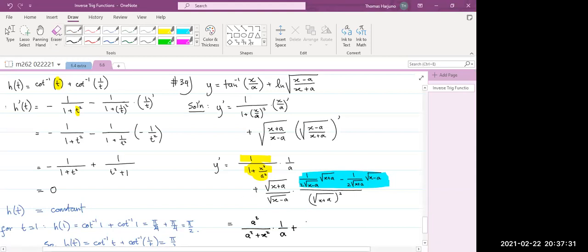I pick the 1/2 out. I put it at the front. Square root of x plus a over square root of x minus a. So that's what happened here. This guy here is now here. I took the 1/2 out. I factored the 1/2 out.